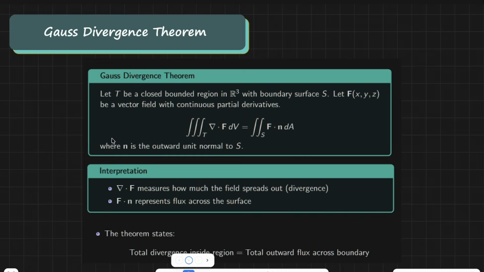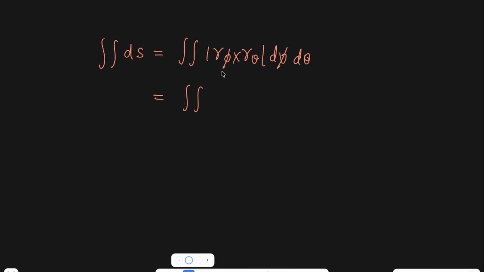So what is our formula for the surface integral, the double integral? That is going to be the double integral of dS. This is the area, so the double integral of the modulus of r phi cross r theta d phi d theta. And what is the value? That value is a square sine phi, d phi and d theta.